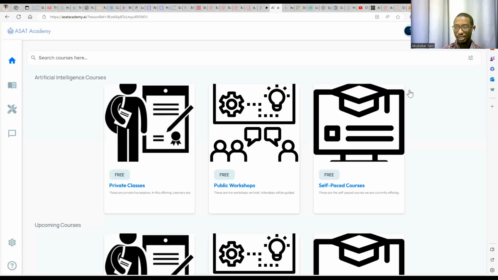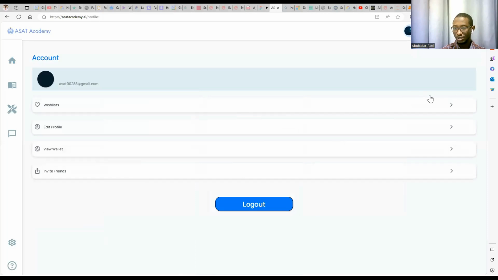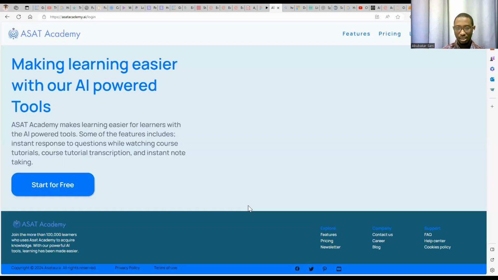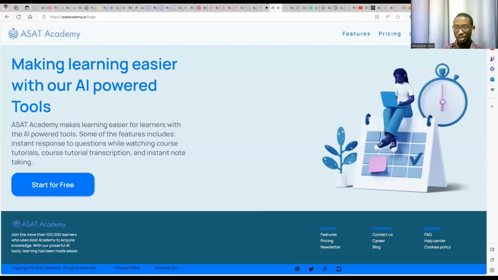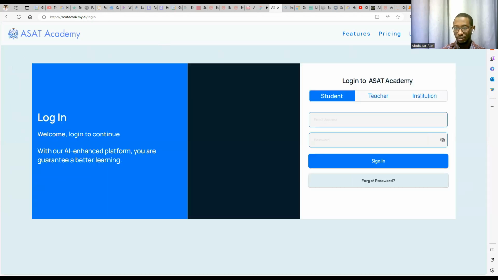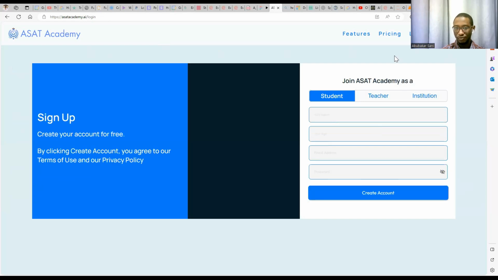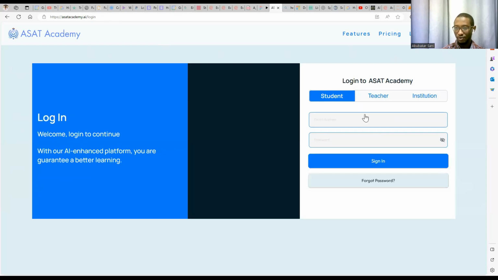We provide it for students. You can just log out if you want. This is the home page. When you put asatacademy.ai, it will take you to the login page. You can just log in. If you have registered, then log in; if not, go for Start for Free, where you can sign up and start. I've already registered.